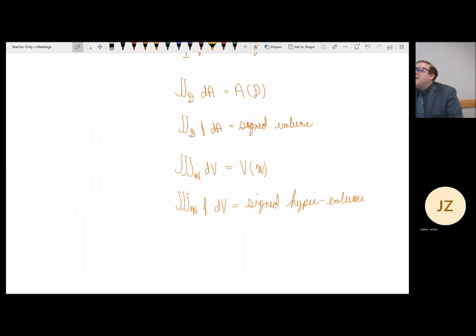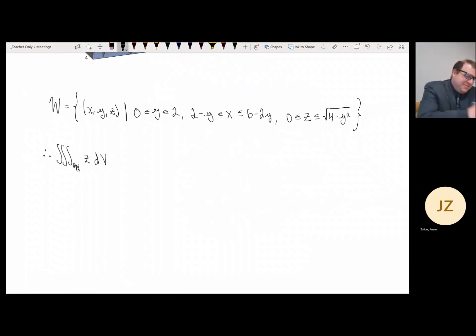I guess we'll just call that space XYZ space. Now, what the hell does above and below mean in the fourth dimension? Beats me, but that's what it is. So that's essentially what we're finding here, a signed hypervolume.